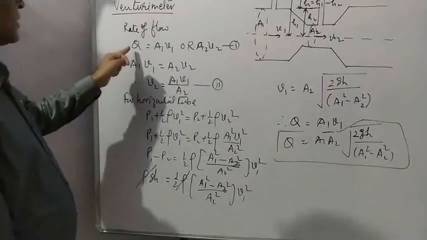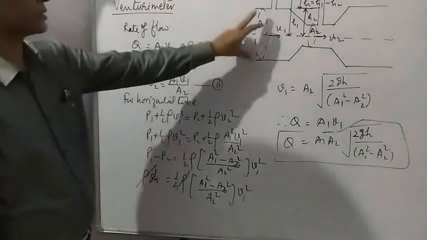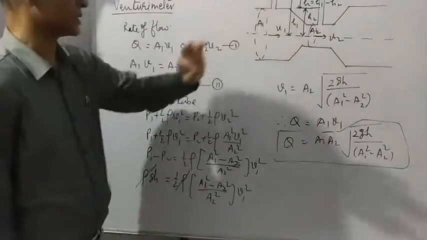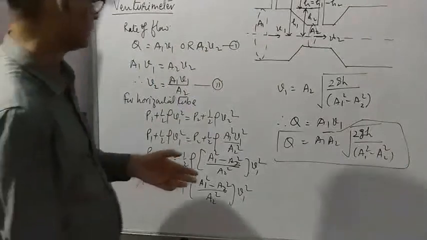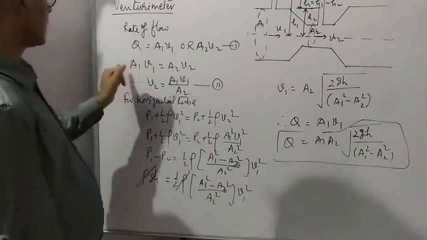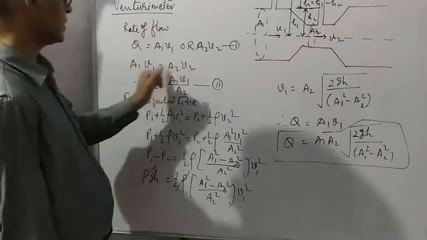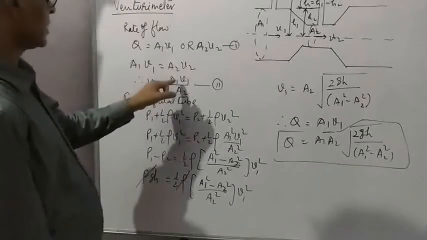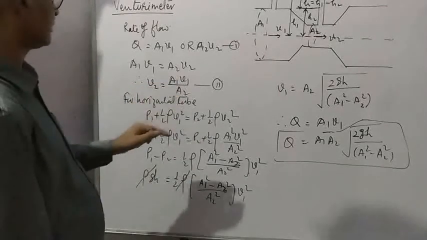Rate of flow is given by A1 V1 if you take this cross section, or A2 V2 if you take that cross section. Any one cross section can be taken. By the principle of continuity, you can write A1 V1 is equal to A2 V2. From here, V2 is equal to A1 V1 upon A2.